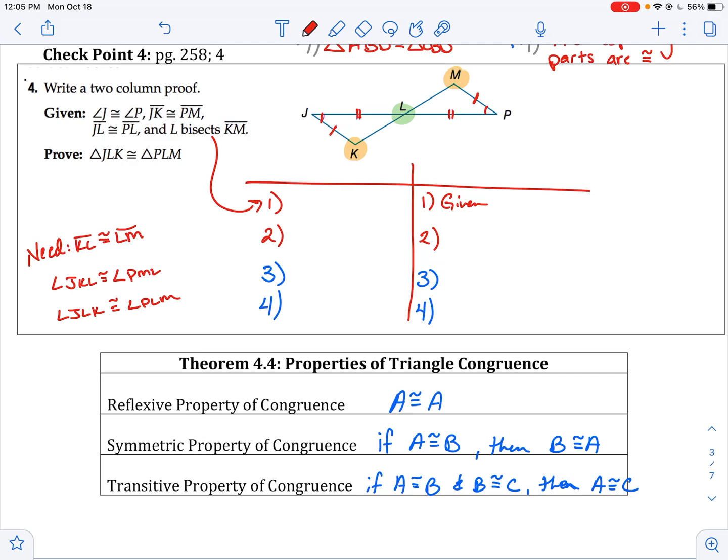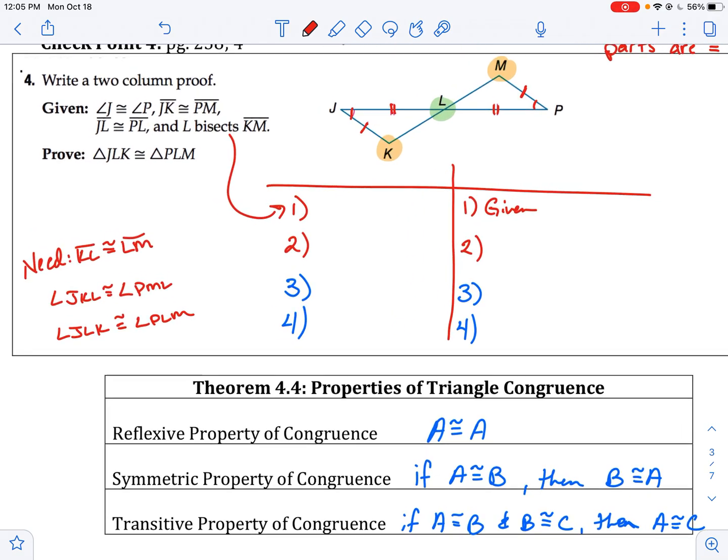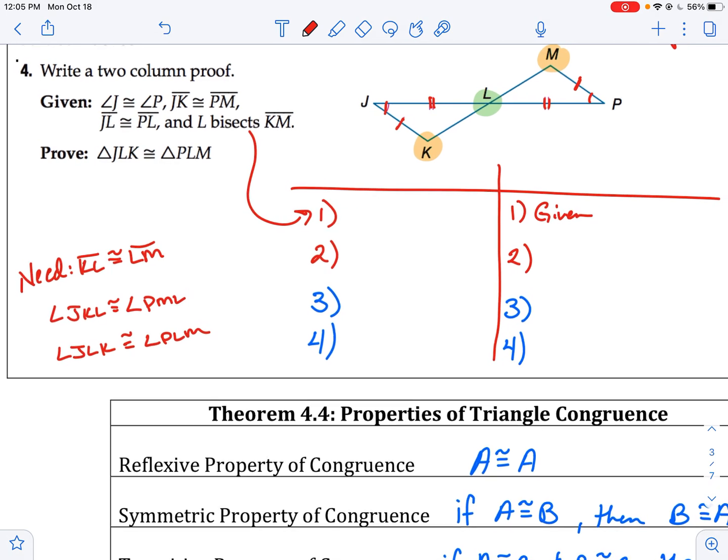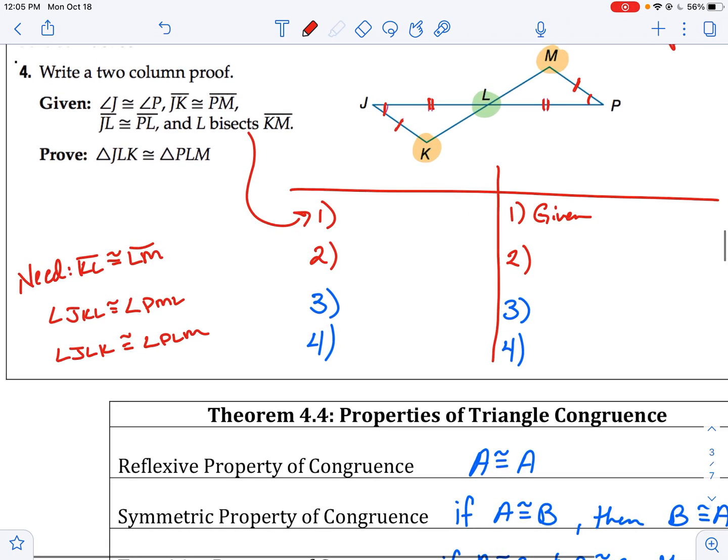Usually we do our given statements first, and then I ask my students to find anything in that given statement they can define. Here, it's that word bisector. What does it mean to bisect KM? Well, it means to cut it into two equal parts. So if that KM is cut into two equal parts, then what are my two equal parts of that segment?